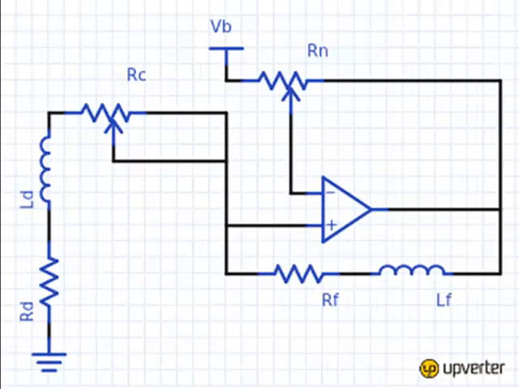What we went with next was a negative impedance model. What we tried to do is cancel out the impedance of the drive inductor and resistor combo in the left here.